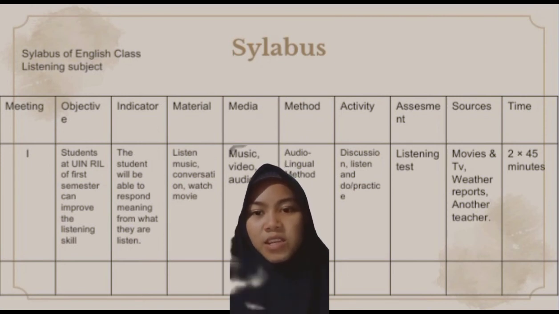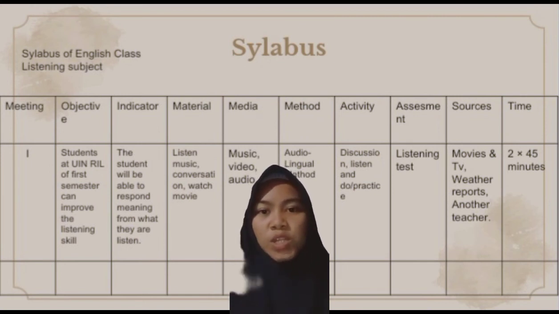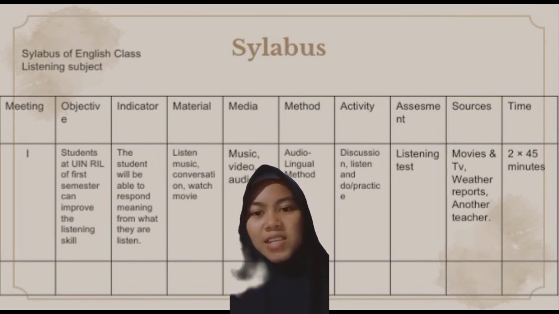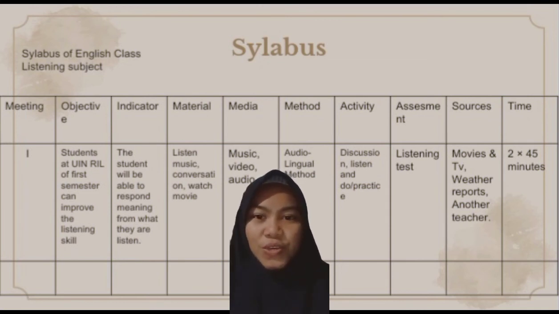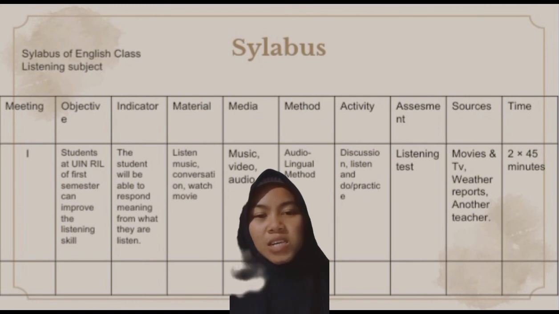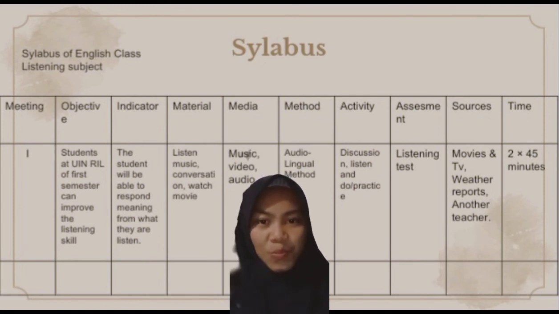And I made the syllabus with one meeting. And the objective is that the students at UIN Raden Intan Lampung, or the students at UIN RIL, in the first semester can improve the listening skill. I chose UIN RIL students just as an example.